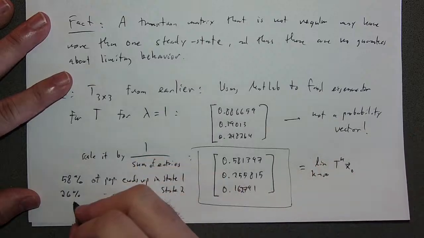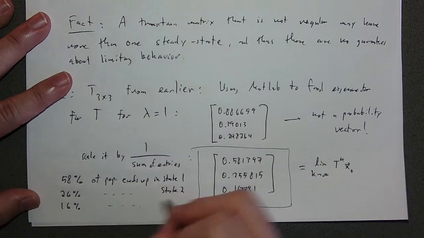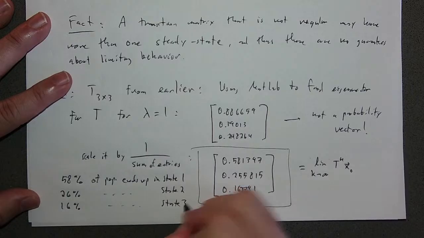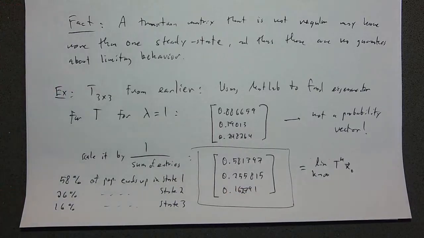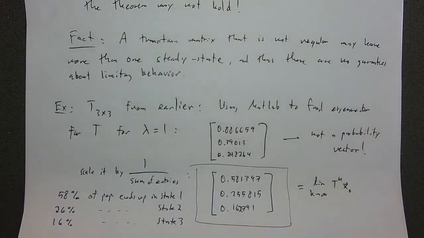And 16% of the population ends up in state 3. This allows you to give a full analysis of how this would end. Again, this is our limiting behavior. This is like the asymptotic behavior of this model.